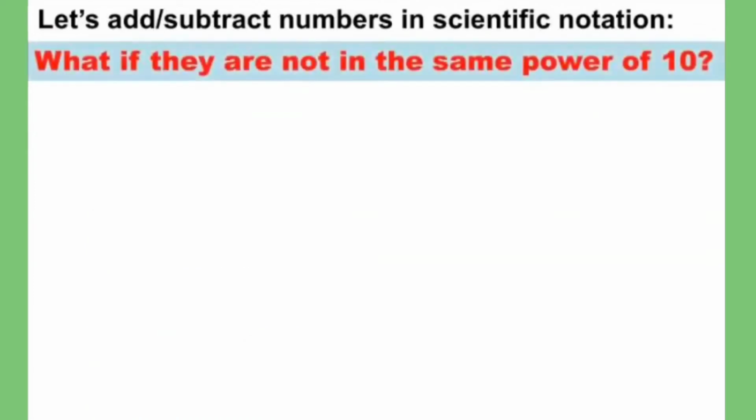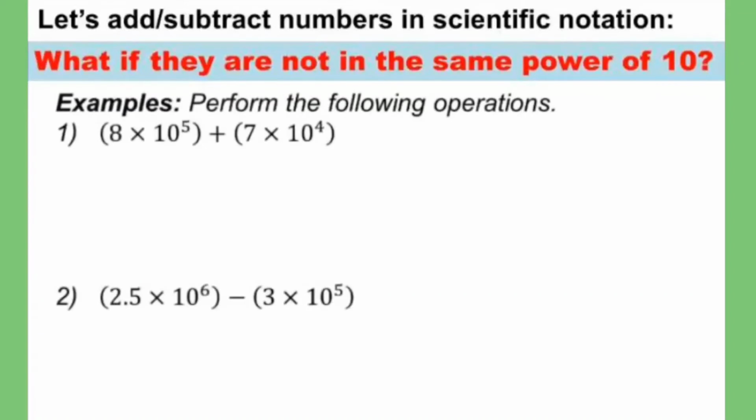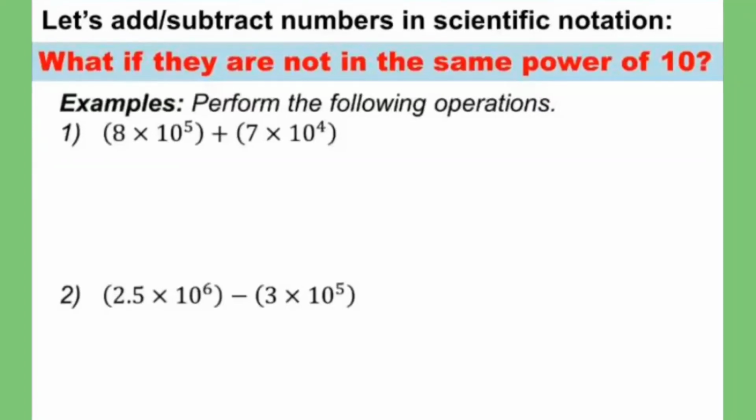Paano naman if ang ating power of 10 ay hindi magkapareho ang exponent? Say for example, 8 times 10 raised to the power of 5 plus 7 times 10 raised to the power of 4. Ang gagawin natin, pwede tayong mag-move ng decimal point sa ating scientific notation na 7 times 10 raised to the power of 4 para madagdagan ng 1 ang ating exponent na 4.